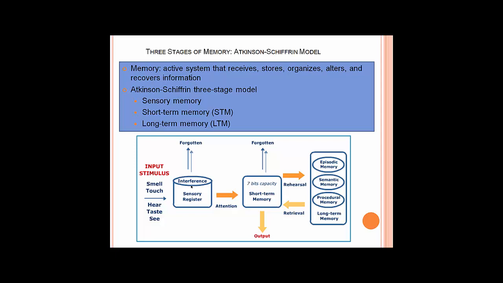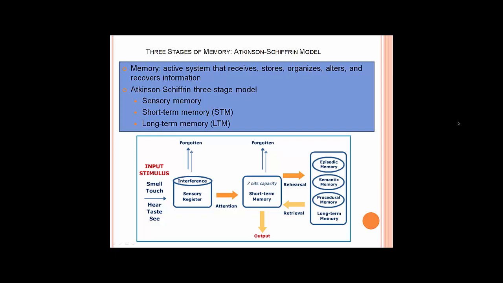In other words, you forget it. Or it's output, like you dial the number. However, as you can see there, the arrows now here on the right side of the screen, if you don't rehearse that which is in short-term memory, it will not go into the next stage, long-term memory.